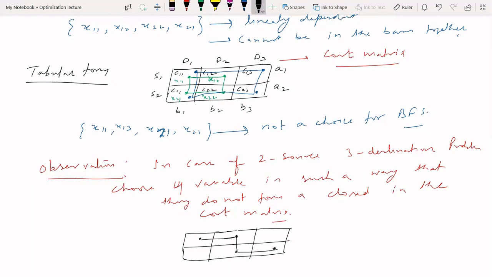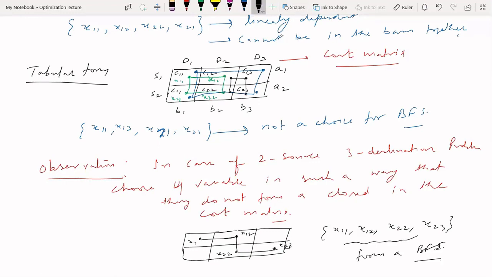So this can be a valid choice for the basic feasible solution. This implies that x11, x12, x22, and x23 form a basic feasible solution.